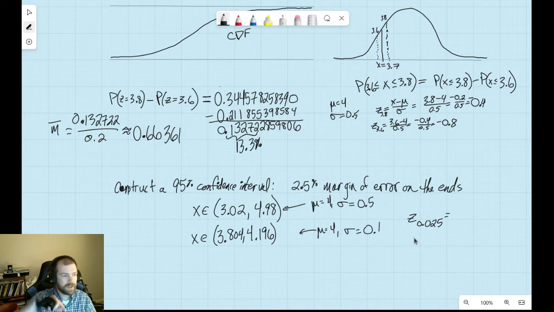Yeah. Sorry. Inverse norm. We're trying to find what is the x value that's going to get us 0.025, the proper z value.